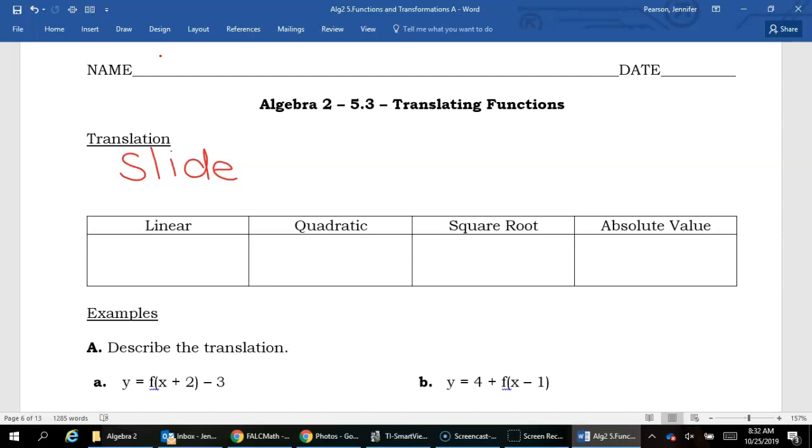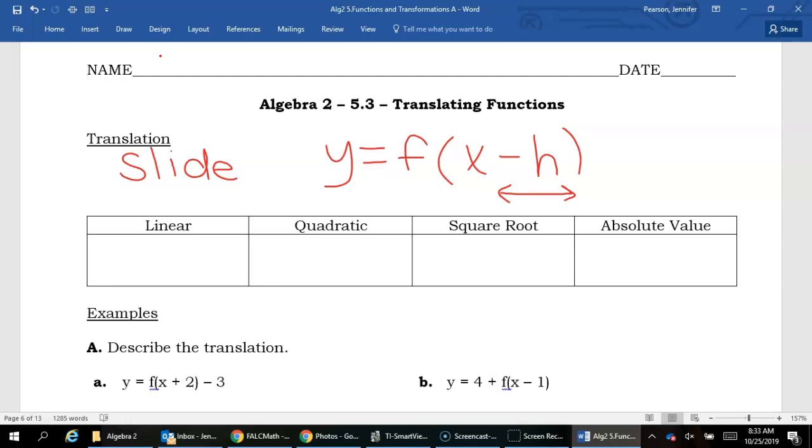And the parent functions were always at the origin. But to translate those would be to slide them to different places. And to do that, we use addition and subtraction. Whatever function you have, so f for function, whether it's a line, a u-shape, any of those functions, you would need to add or subtract a value to x, and that would cause your graph to slide left and right.